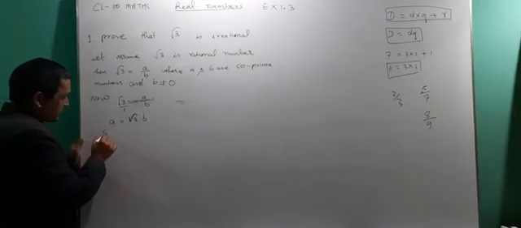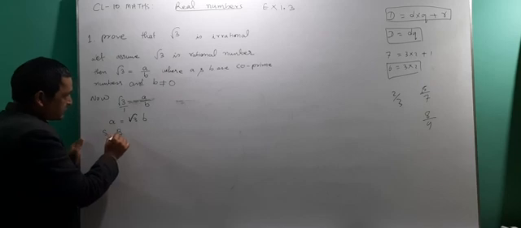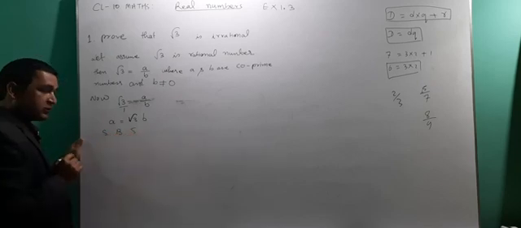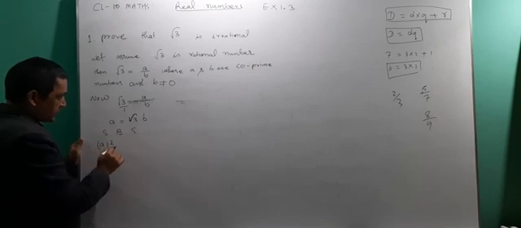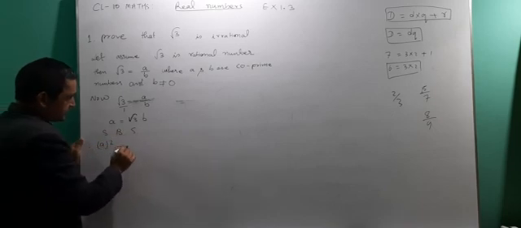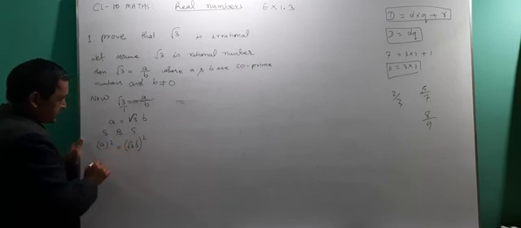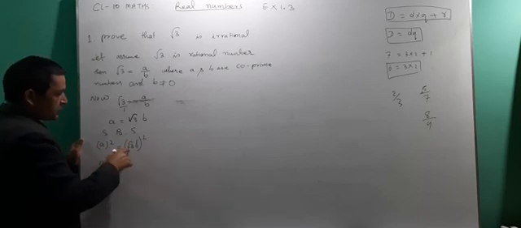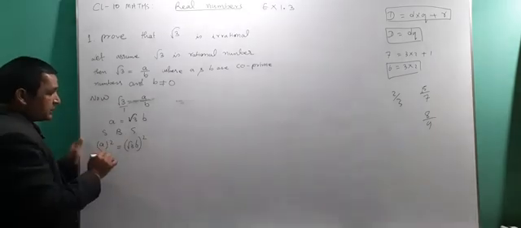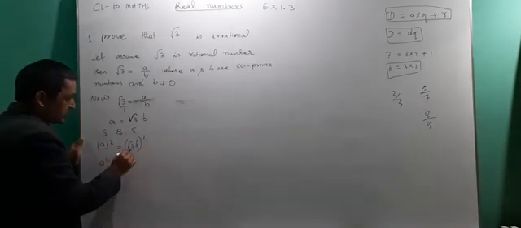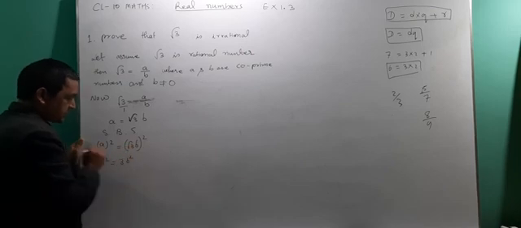Then squaring both sides: a square equals root 3 b whole square. Then a square is a square. If you multiply root 3 twice, it becomes 3. Root 3 multiplied by root 3 is 3. Then b multiplied by b is b square.